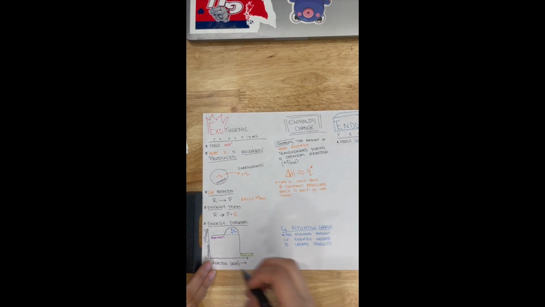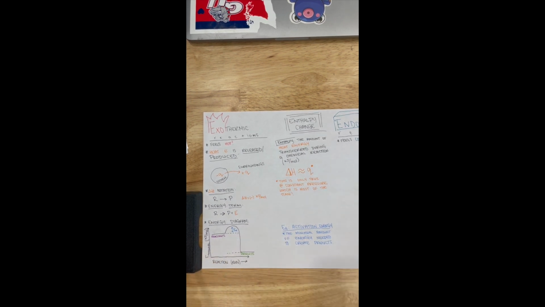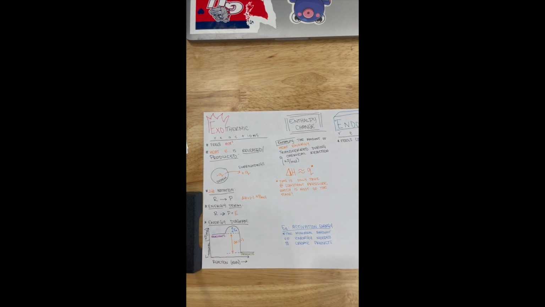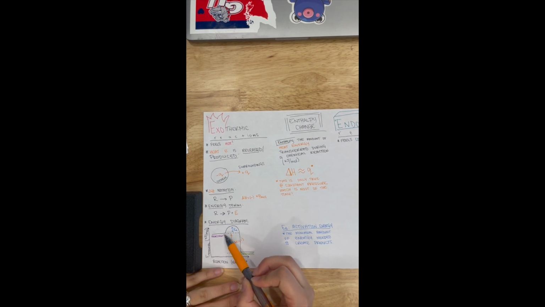What we end up with is a difference between our reactants and products. This is that delta H value. And here we see that it's going down, so it's negative. Our activation energy is always between the reactants and the highest point of that graph.